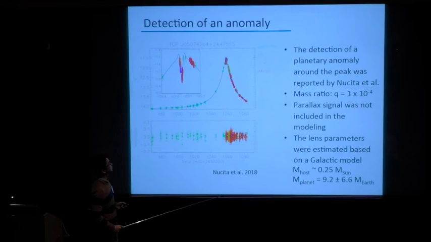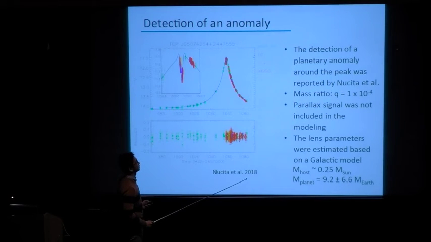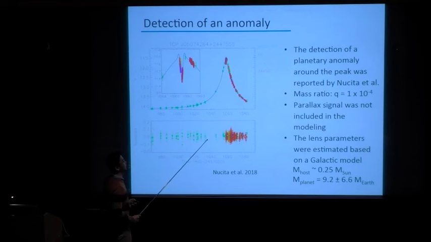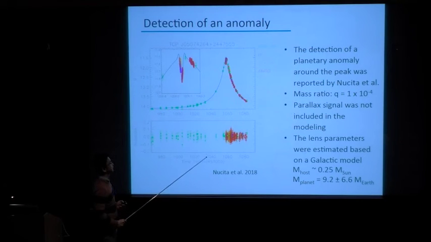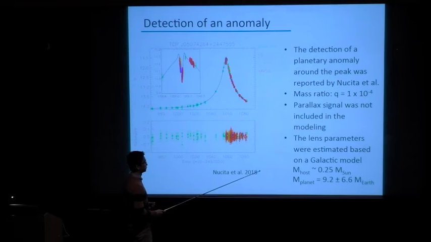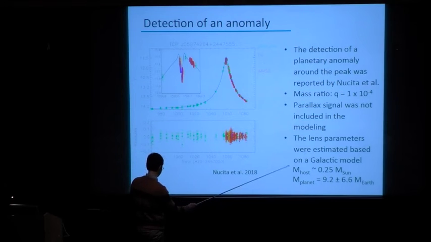After that, the detection of a planetary anomaly just around the peak was reported by Nushita et al., who estimated the mass ratio of about 10 to the minus 4. But because the parallax signal was not included in their analysis, they just estimated the lens parameters using a galactic model like this.